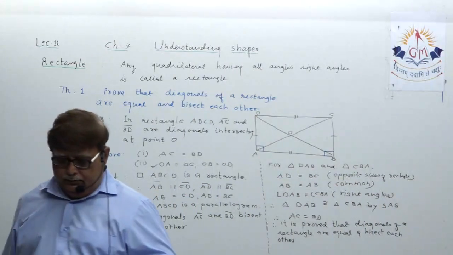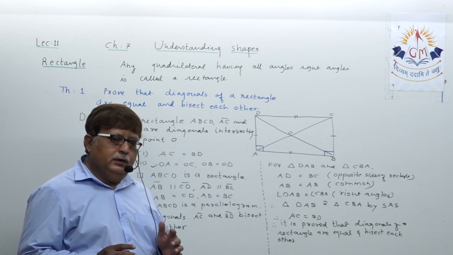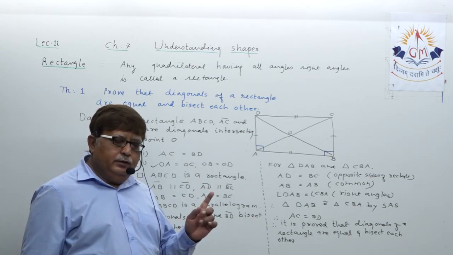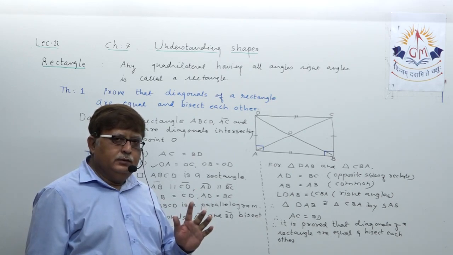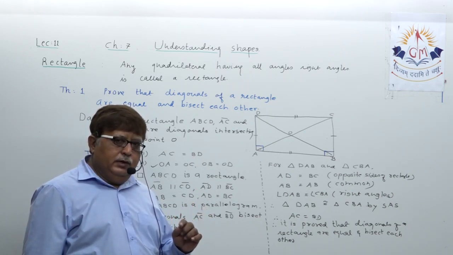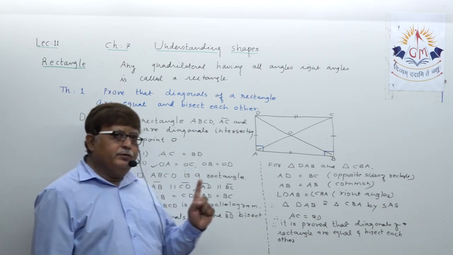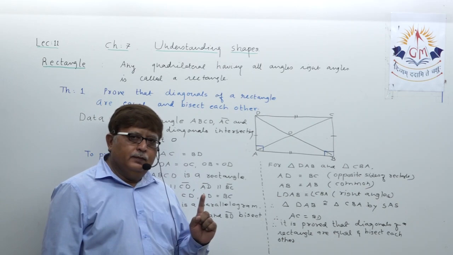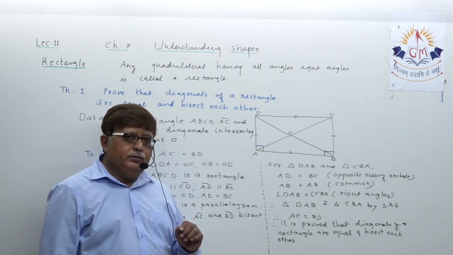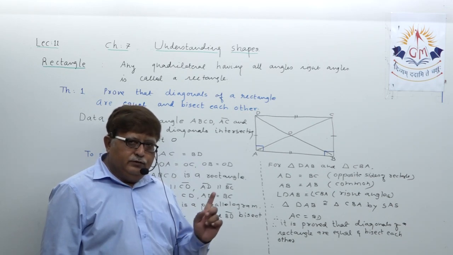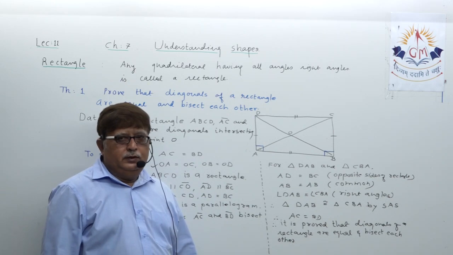Understood? Because this property of a rectangle, that diagonals are equal and bisect each other, is very important, because when you go to 9th and 10th standard, you will utilize the same property of a rectangle at that time also.